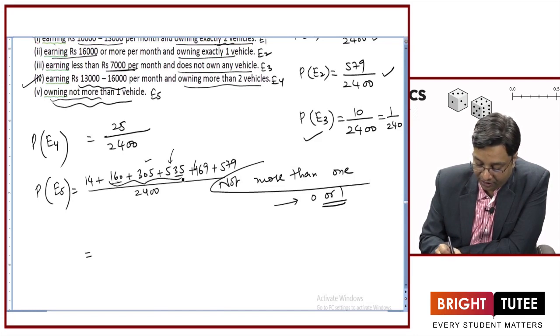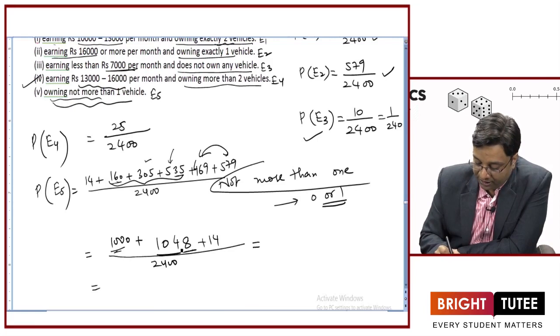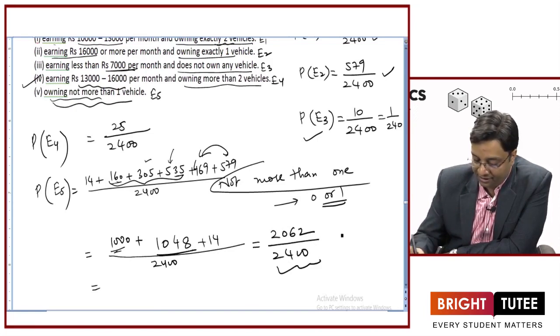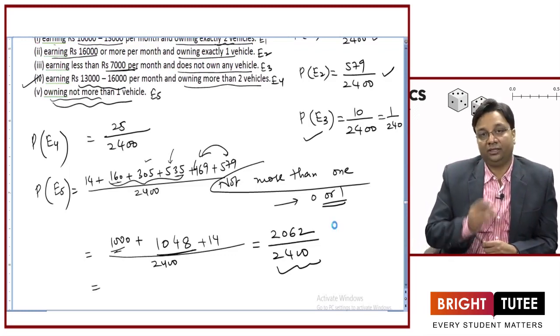So this sum is 1000 plus what is this sum? 18, 8 plus 6 is 14, 6 plus 4 is 10, right? And then this 14 we need to add here. 1048 plus 14, and we need to divide this sum by 2400. Now look at this: 1000, 2000, and 48 plus 14 is 62. So 2062 divided by 2400 is the probability of owning not more than 1 vehicle, that is 0 or 1 vehicle.